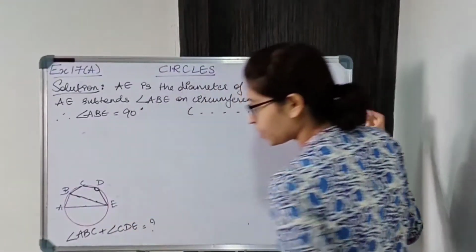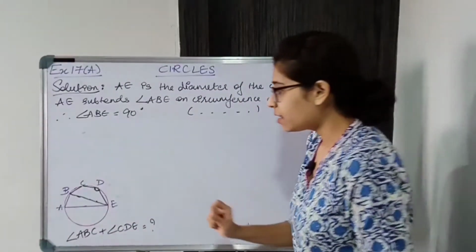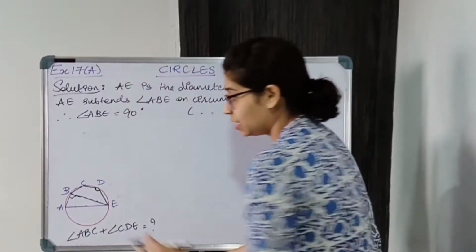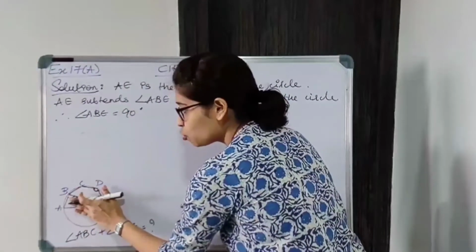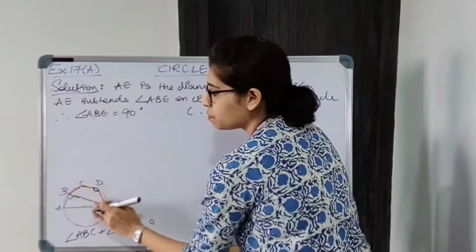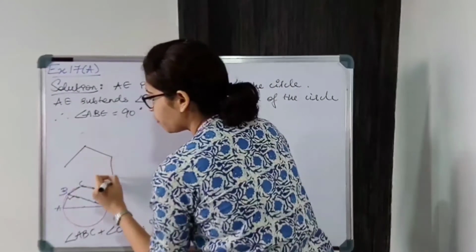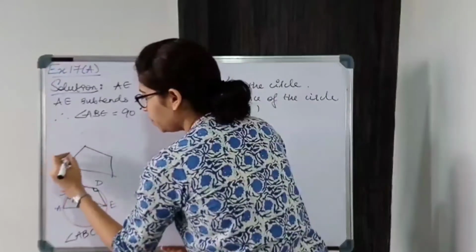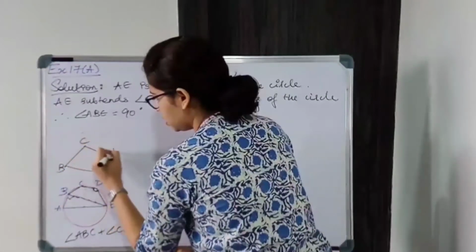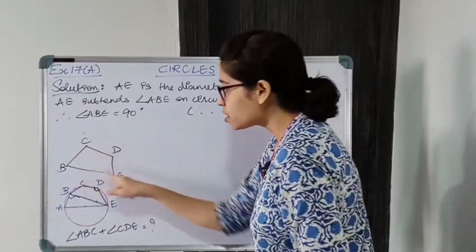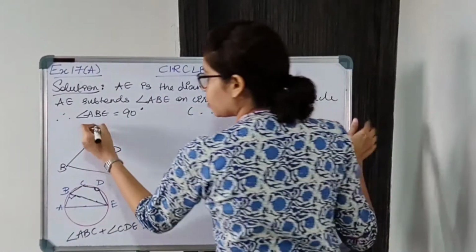Okay, now for that we already got this angle, and ये angle, ये triangle को छोड़ के notice this part, this is the quadrilateral, cyclic quadrilateral BCDE. Okay, so first we'll write down that this is a cyclic quadrilateral.